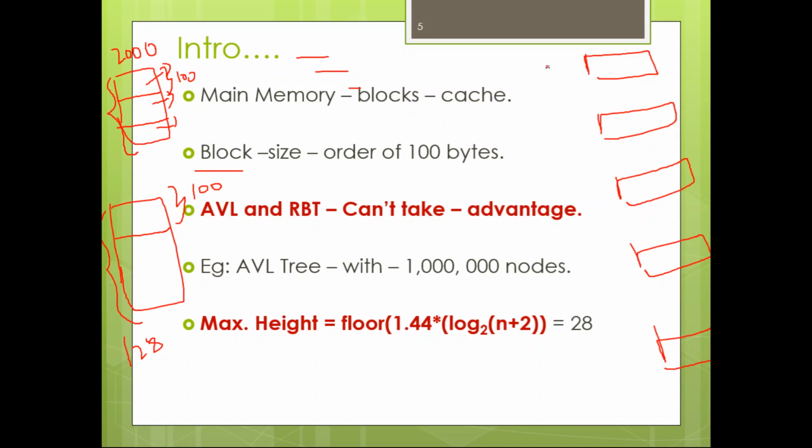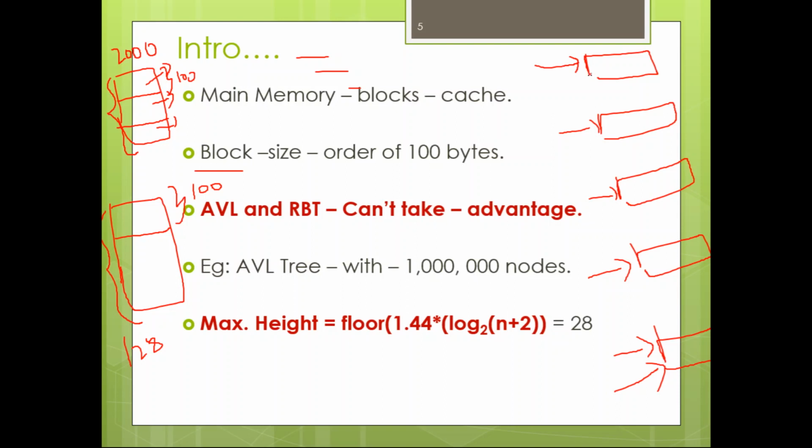So now the point is, assume that the nodes at different levels are stored in different blocks of the main memory, and let us assume that none of the blocks are in the cache memory. Say you are performing a search operation. In the worst case, the value may be available in the leaf node.